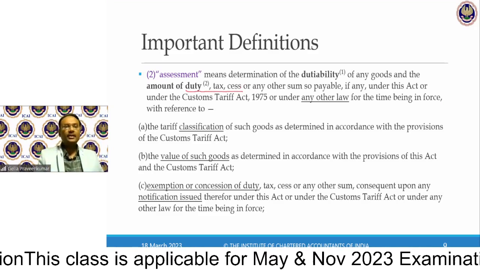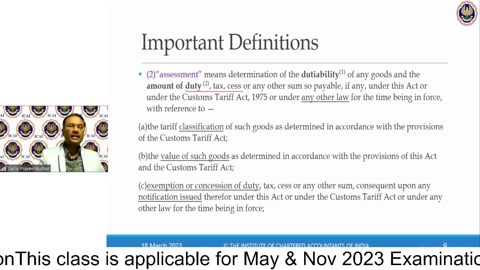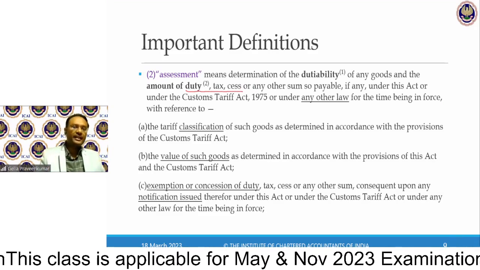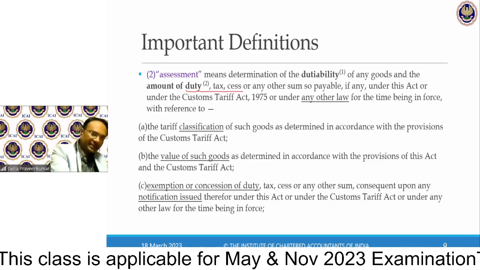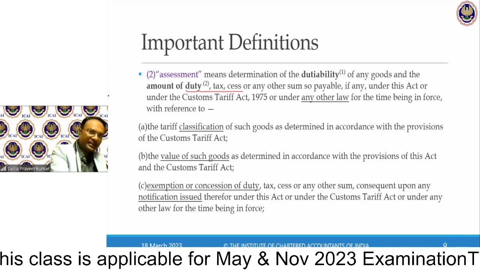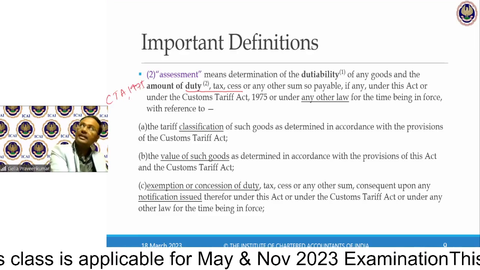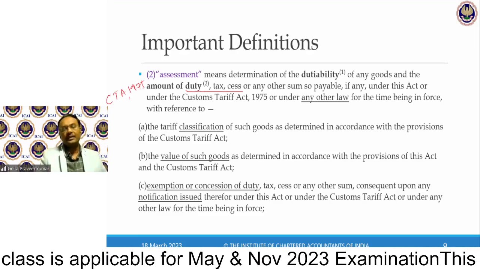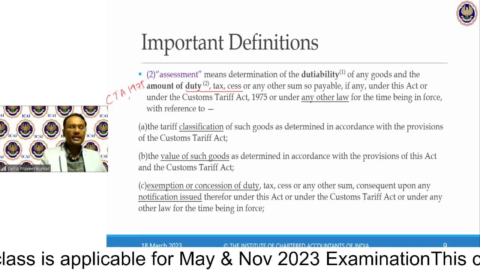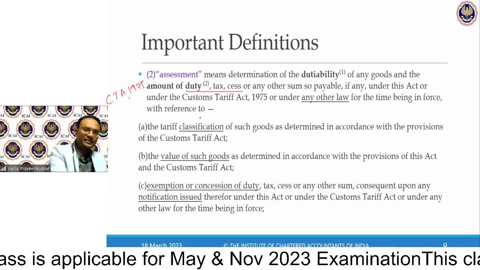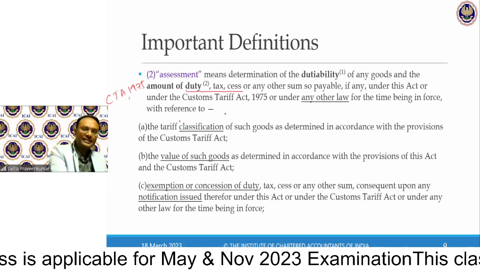Below that, write down Customs Tariff Act 1975. You can use the abbreviation CTA for shortening your answer. Below that, write down classification.